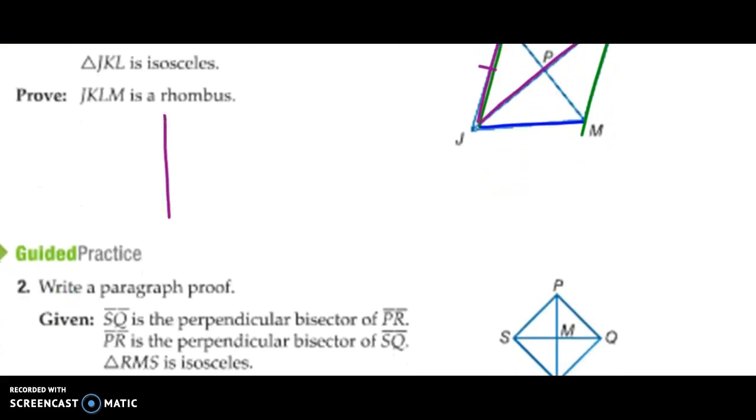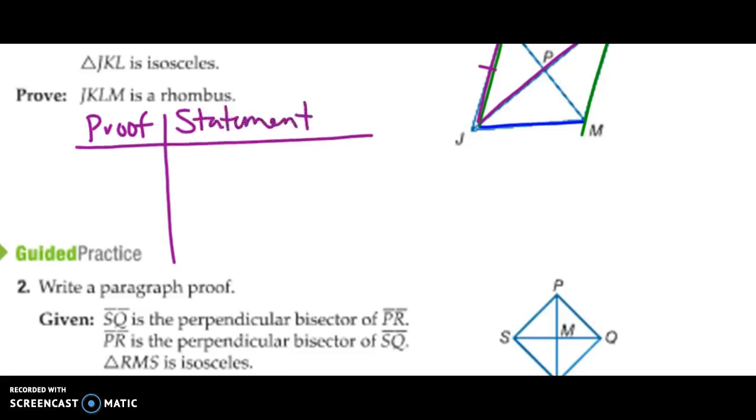Okay, so let's set up a proof. So here's our proof and our statement. Okay, so the first thing, 1. We don't have to say it's a parallelogram, but we can say that triangle JKL is isosceles.